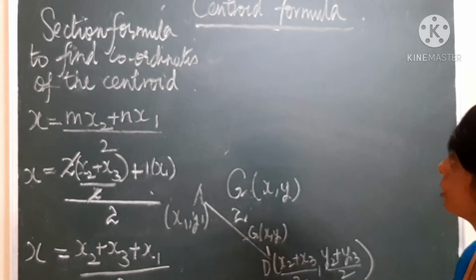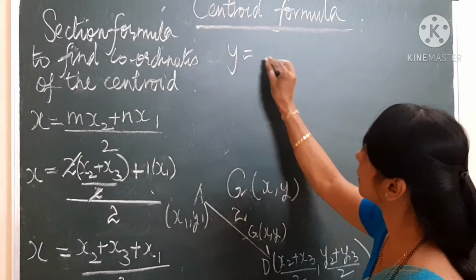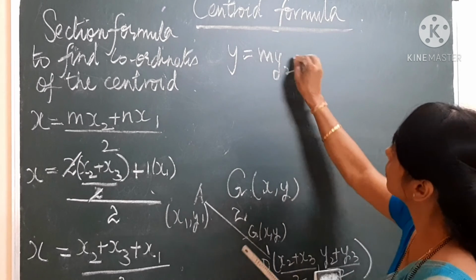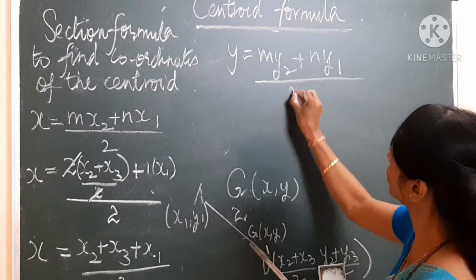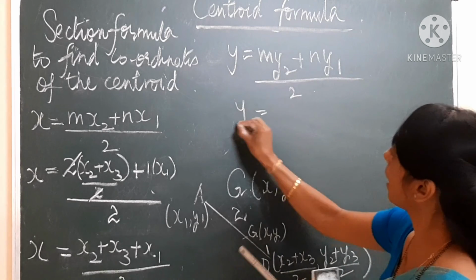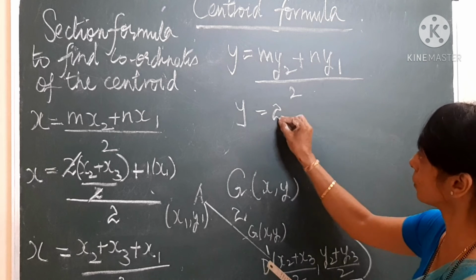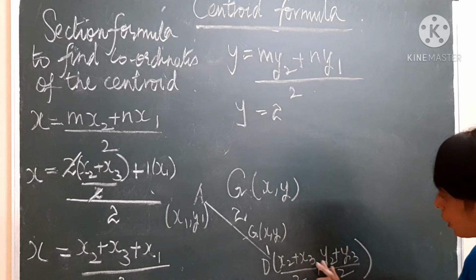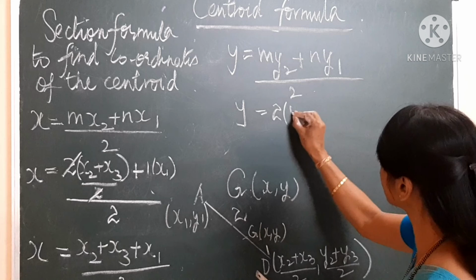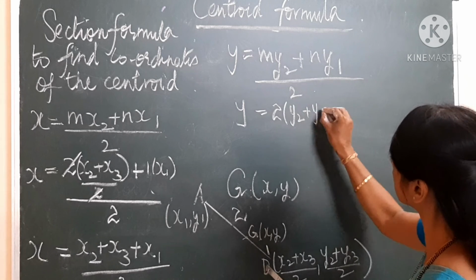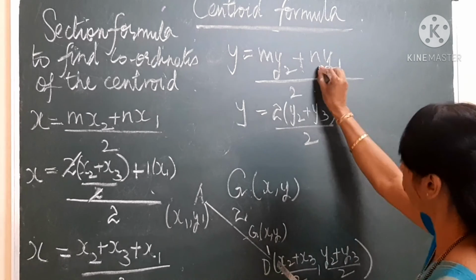The y coordinate, children. Again, the section formula, (my2 plus ny1) upon (m plus n). So y is equal to, what is m? M is 2 into y2. Now y2 is (y2 plus y3) upon 2, plus, what is n?